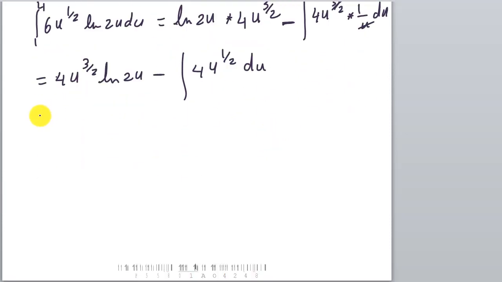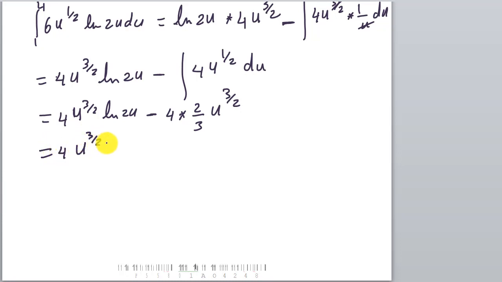So it's equal to 4u^(3/2) ln 2u minus 4 here plus, so multiply by 2/3 u^(3/2). So it's equal to the final answer now: 4u^(3/2) ln 2u minus 8/3 u^(3/2).